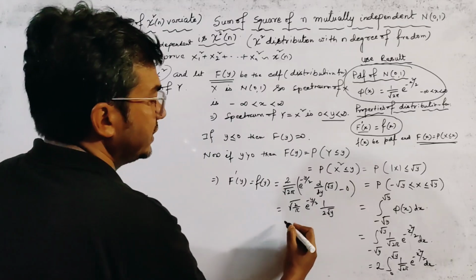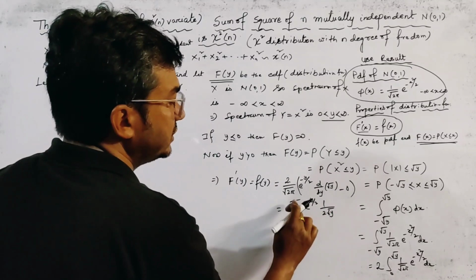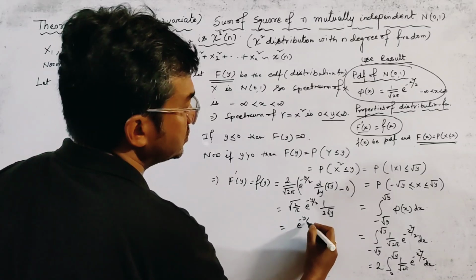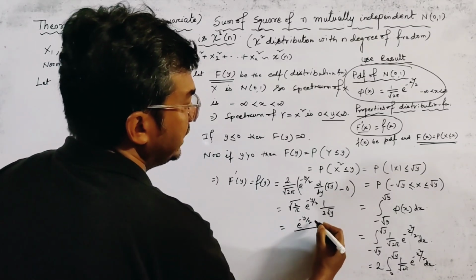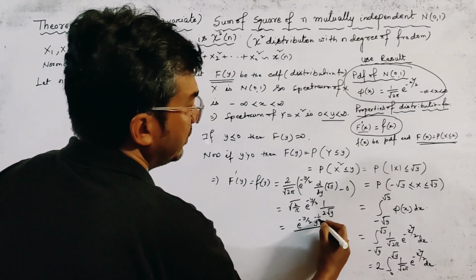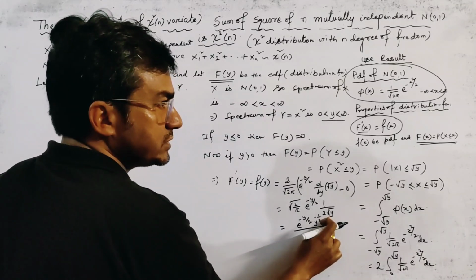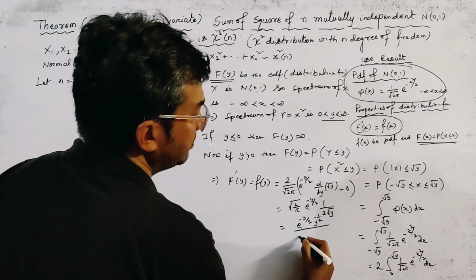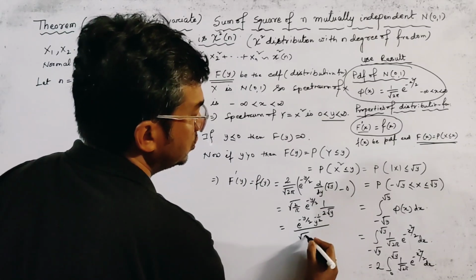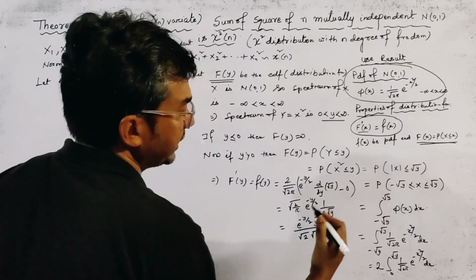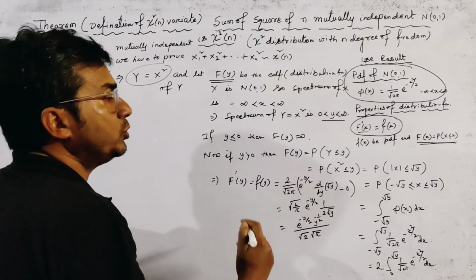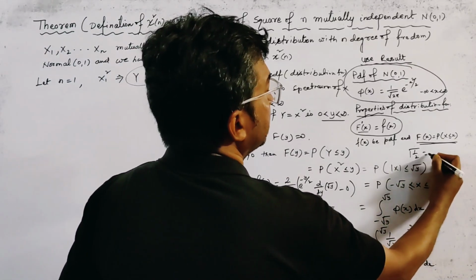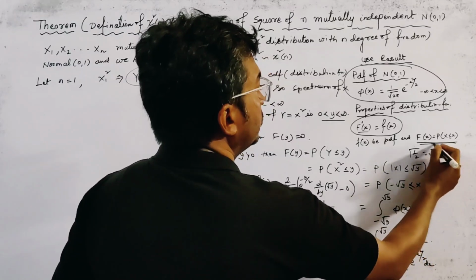Okay, and cancelling this root and this root, we get e to the power minus y by 2 into y to the power minus half, because this is root y, and the lower term is given by root 2 into root pi, and we put the value of root pi. This is gamma half. Gamma half is root pi, we know.